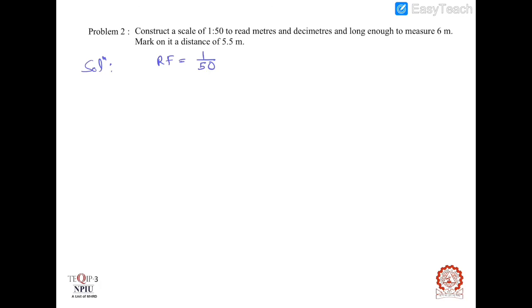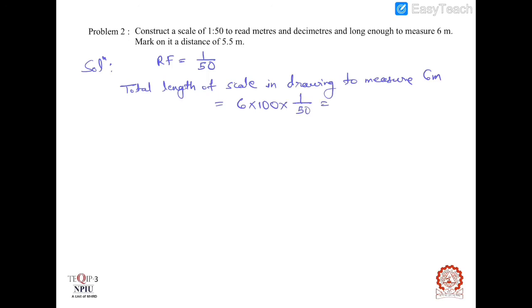Okay, total length of scale in drawing to measure 6 meter is equal to 6 meter, we have to convert into centimeter. 6 multiplied by 100 multiplied by RF. This will give you the value in centimeter. This will be 12 centimeter. So we have to draw a line equal to 12 centimeter which will represent 6 meter.